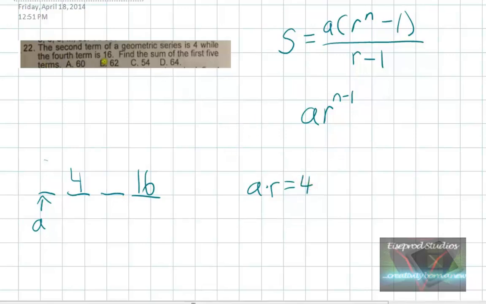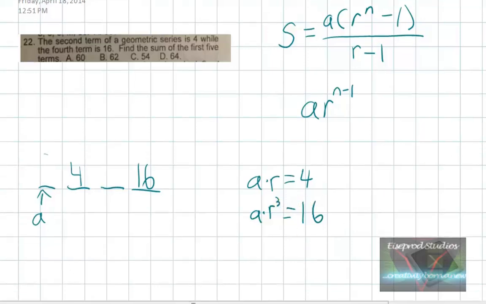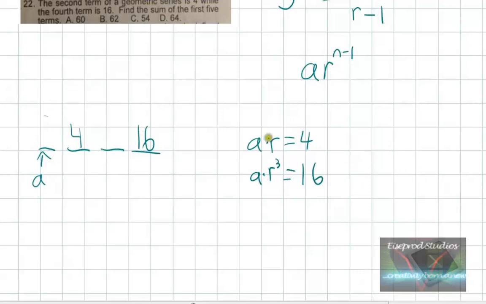We know the fourth term, which is 16. And so this time we're going to say a times r cubed, because it would be r to the 4th minus 1, and 4 minus 1 is 3. So we know these two things, but how is this going to help us find a or r? The way that we need to do this is we can set up a ratio.